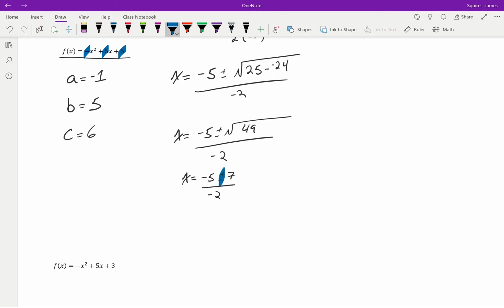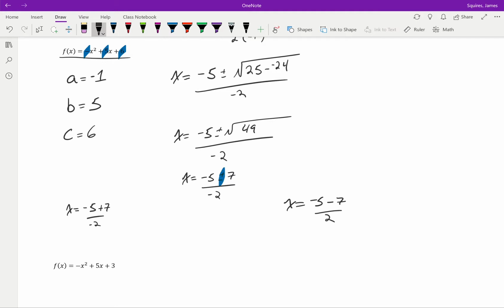That's because this is going to have two solutions this time, where one of the solutions is where x equals minus 5 plus 7 divided by minus 2. And we're also going to have a solution at minus 5 minus 7 divided by minus 2.